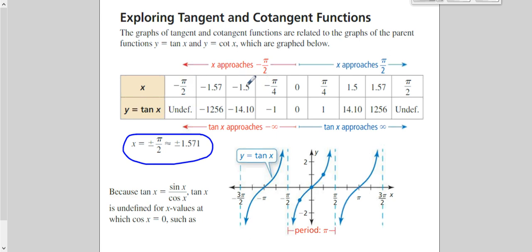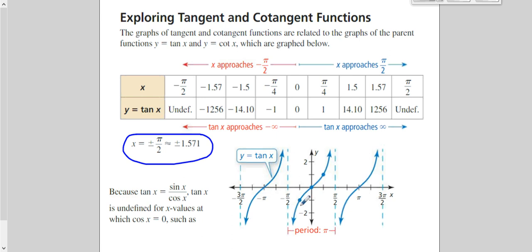So what about when we get close to it? How about -1.5? If you do that on a calculator and find tangent of -1.5, we have to be in radian mode, we get -14.10. If we put in -1.57, we get -1256.